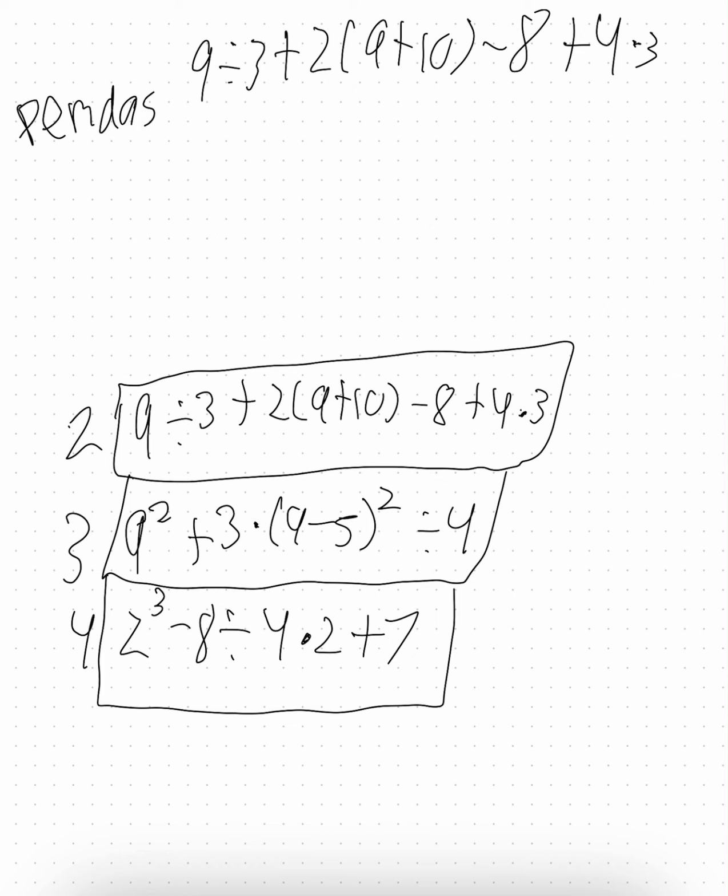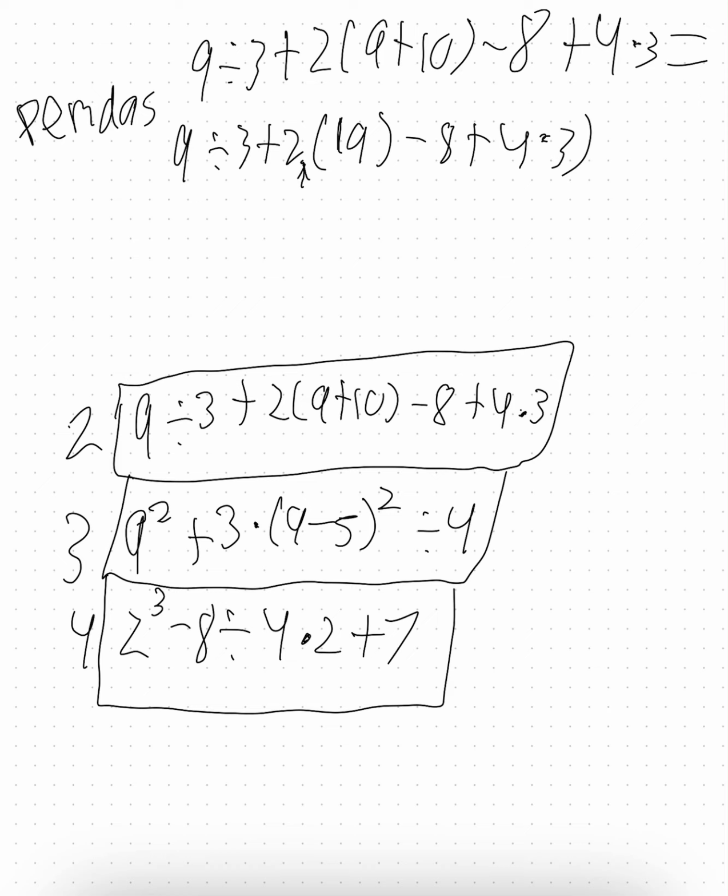We do have grouping symbols in this one. So this is going to equal 9 plus 10. What is 9 plus 10? You should have gotten 19. Minus 8 plus 4 times 3. Now remember, whenever you have parentheses next to a number like this little 2 right here, you will always multiply that, okay?